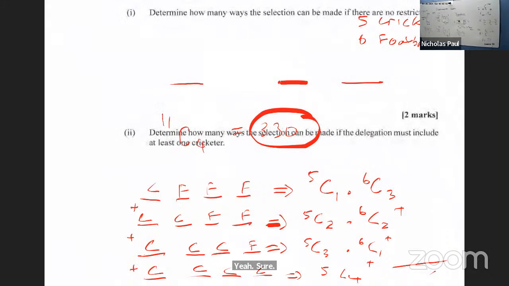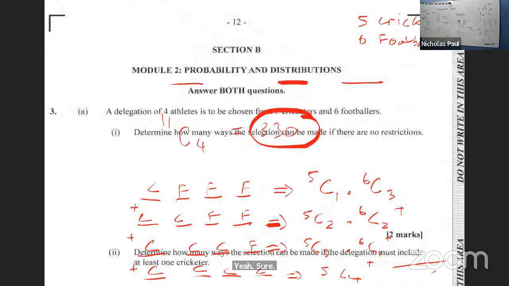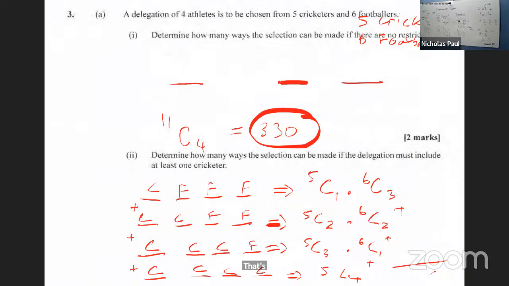That's good. The last one is 4 cricketers. 4 cricketers. You get 275, so you got it wrong then. You got 100, you got it wrong too.